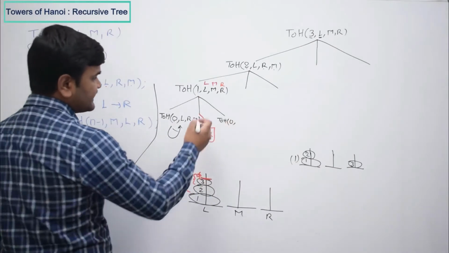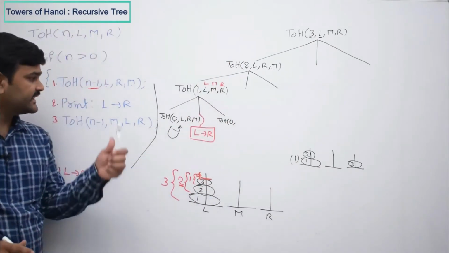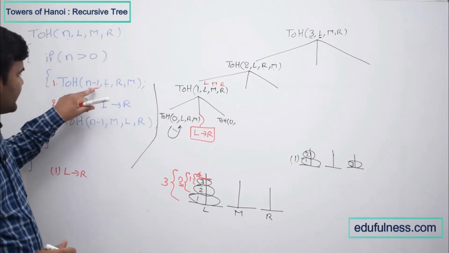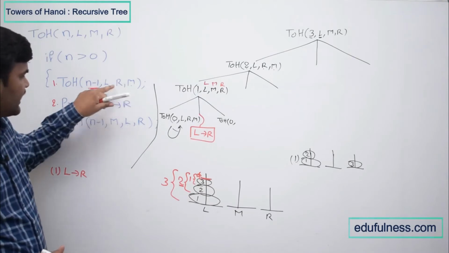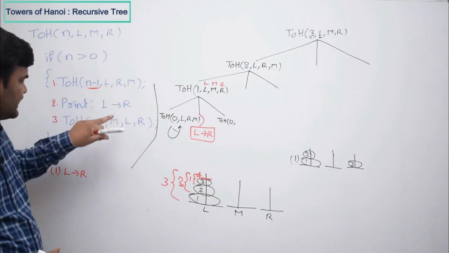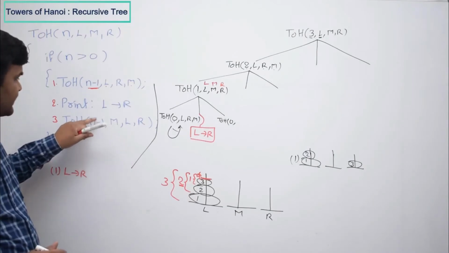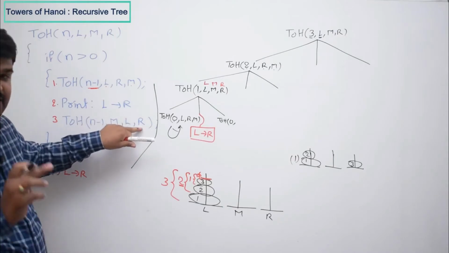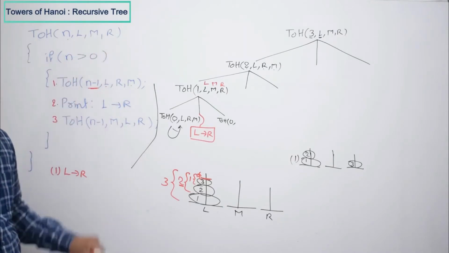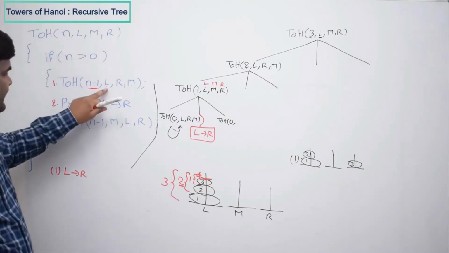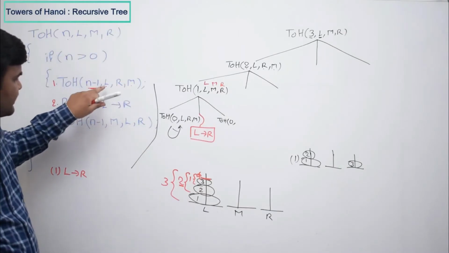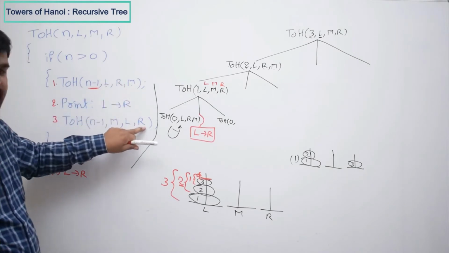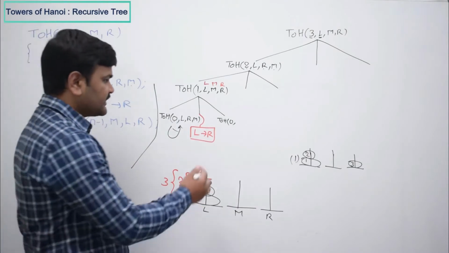We already discussed its meaning when discussing this recursive code. You have to shift n minus 1 disks from L to M, and now these n minus 1 disks are at M. Now from M to R, which is the actual destination. So from source L, these n minus 1 disks are temporarily moved to M, then from M to the actual target we are shifting. That is what we are doing here.